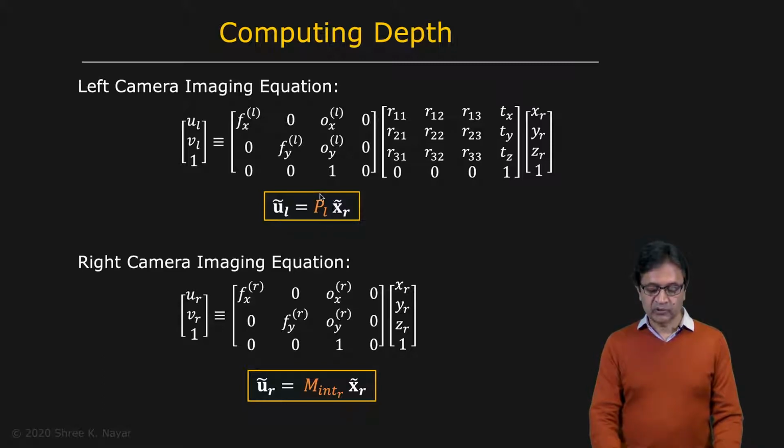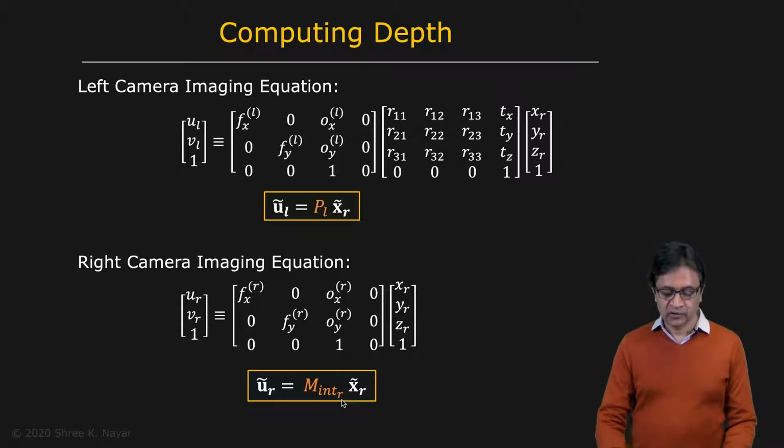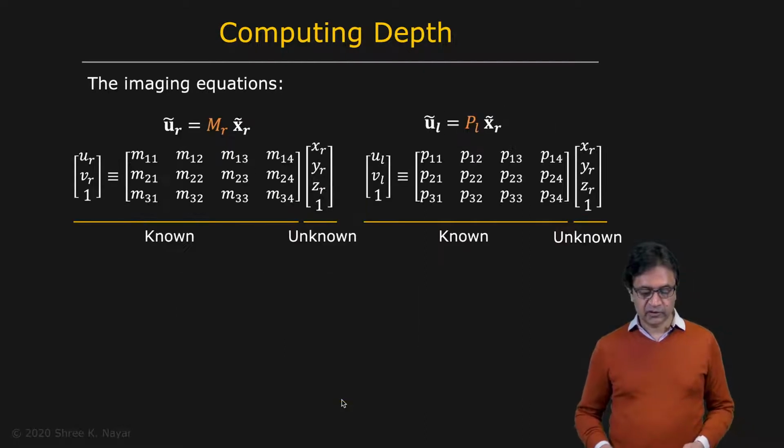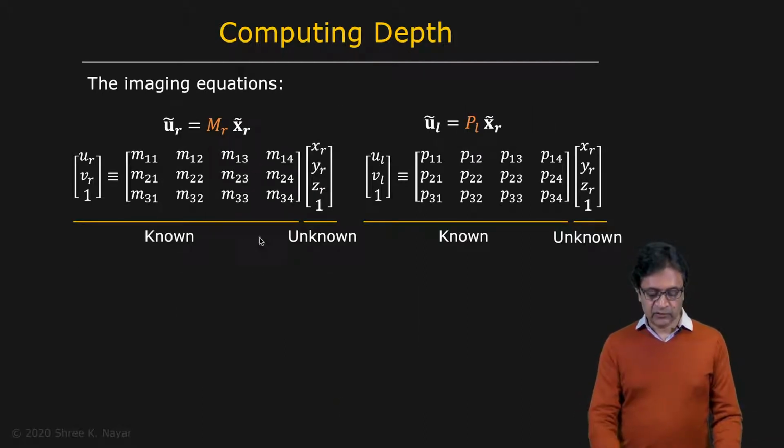This now becomes a projection matrix, which is the product of this extrinsic matrix and this intrinsic matrix. So we can call that a projection matrix, PL times XR. And in this case, the right camera imaging equation, you essentially have MInt, which is the intrinsic matrix for the right camera. So those are your two equations, which can be written as follows.